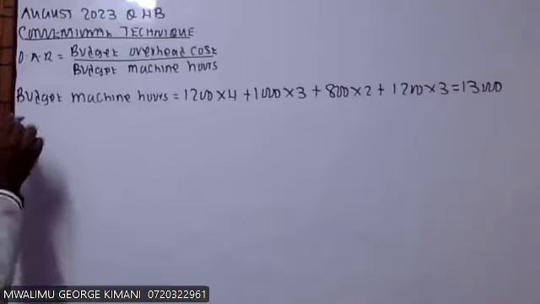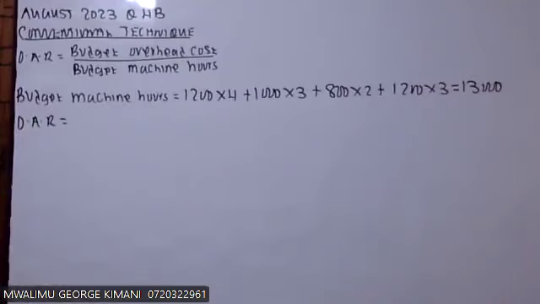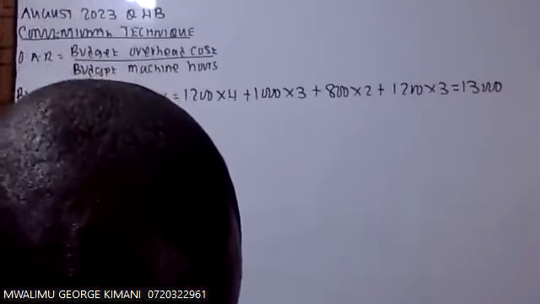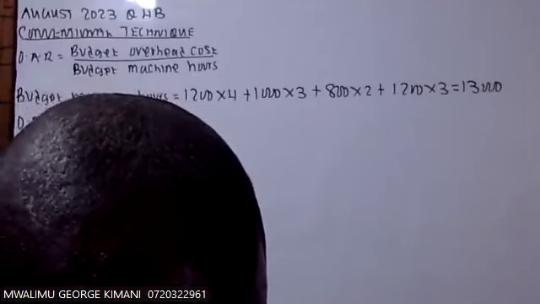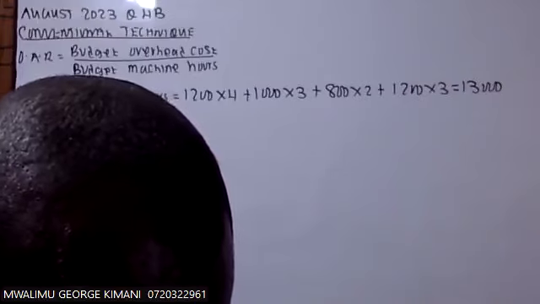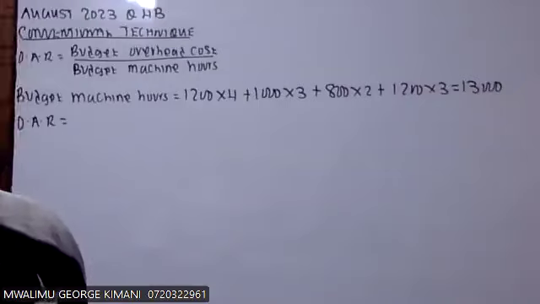So the OAR should be equal to the total overheads. I think the total overheads is 26,000.